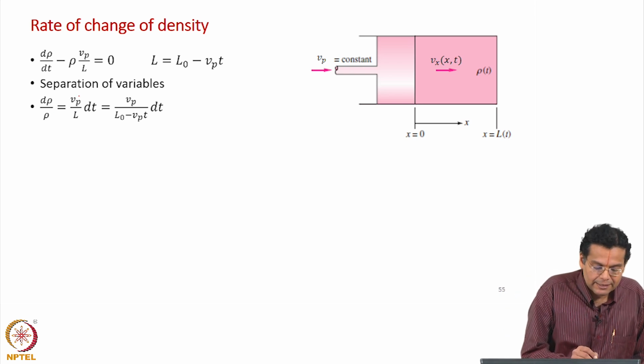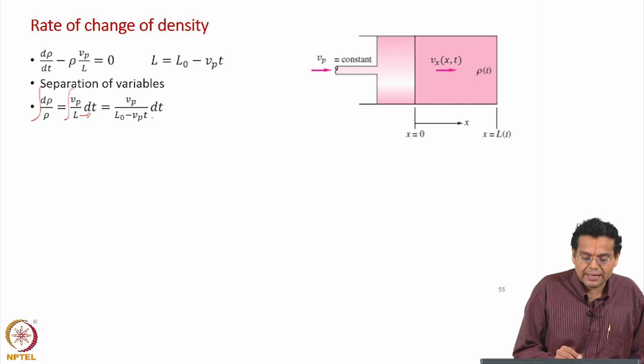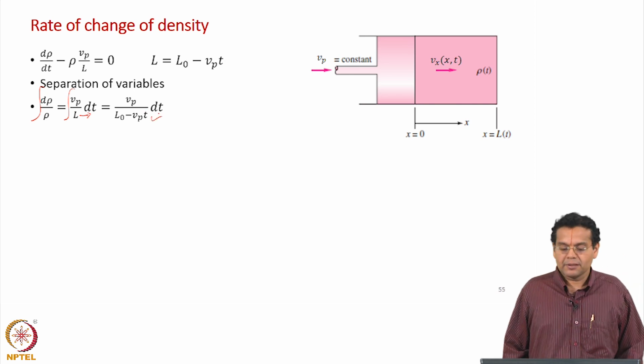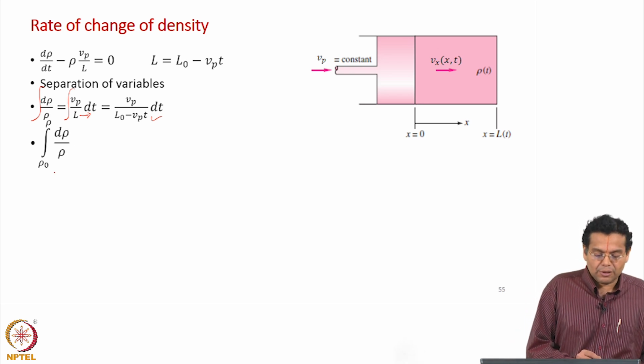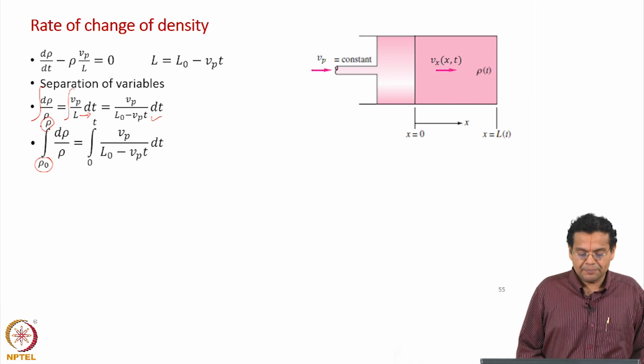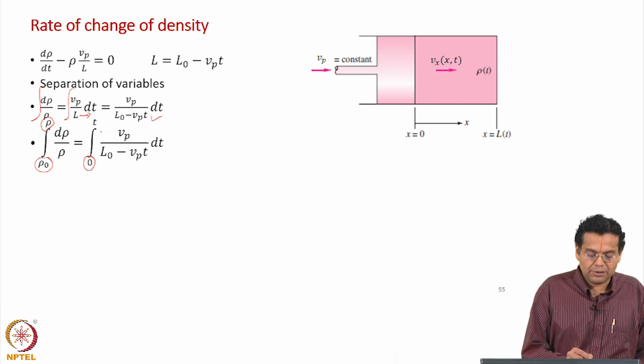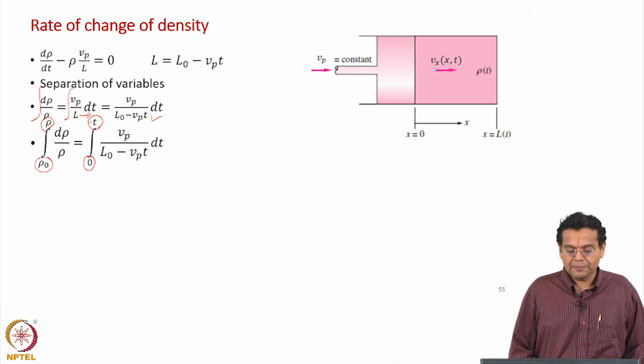When I integrate the right hand side, L is not a constant, so before integrating we should substitute in terms of time. Now, let us integrate. At time t equal to 0, density is rho naught, and at any time t the density is rho; those are the limits for the left hand side. For the right hand side, the limits are 0 and any time t. Now, let us do the simple integration.